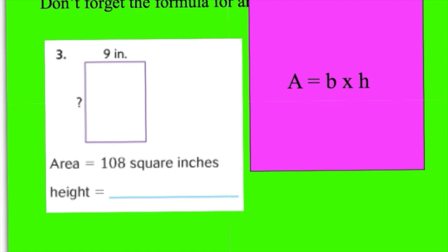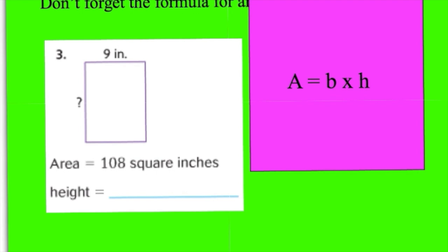So now they're telling me that the area is 108 square inches. And now I have to find the height. So 9 times what is 108?